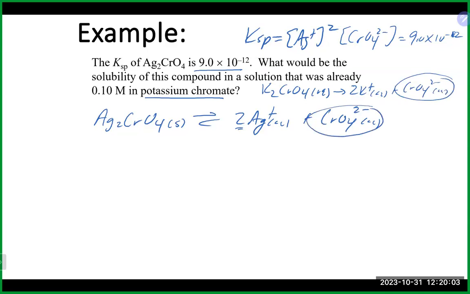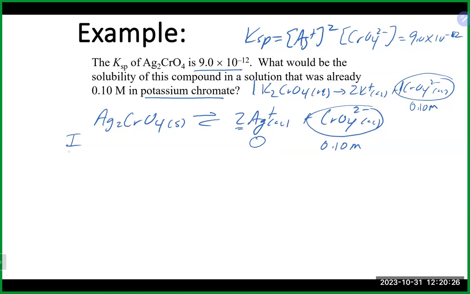And it is going to be 0.1 molar, as it is a 1-to-1 relationship between those two. So that's important here, kind of like the buffer. If you don't put this here, you're not doing the common ion part of the problem, which is the important part of it. So you got to make sure you got that guy on the right hand side.